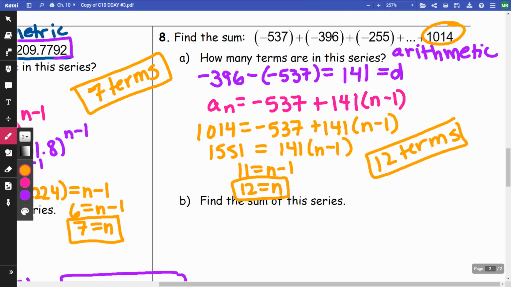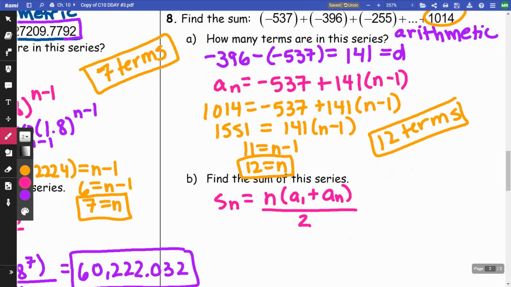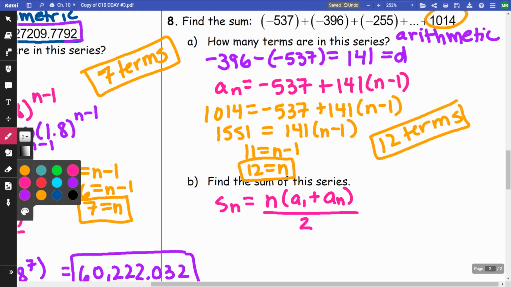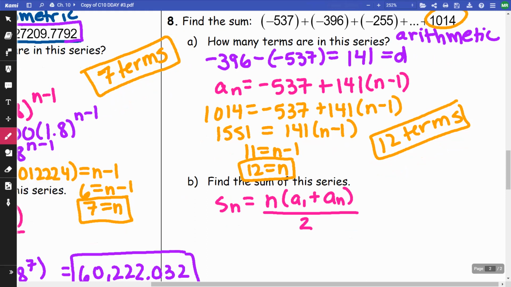So now in the next one, I want the sum of these 12 terms. So I'm going to be doing S sub n is equal to n times my first term plus my last term all over 2. So in this case, I am going to be having S sub 12 is equal to 12.